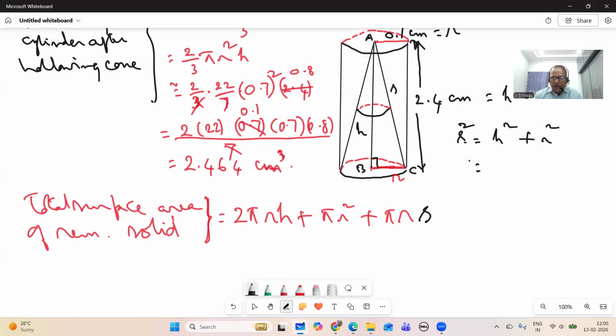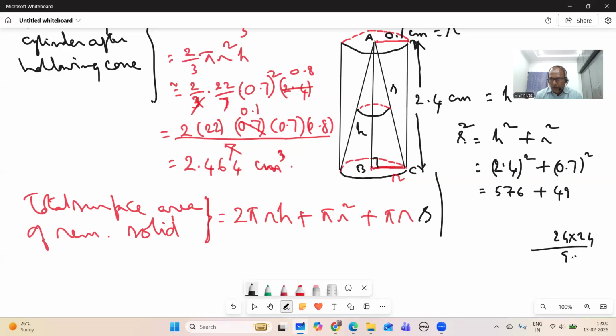And h is how much? h is 2.4 whole square plus r is 0.7 whole square. So this is how much? 24 into 24 is 576, yes. 7 squared is 49. And 2.4 squared is 5.76, plus 0.7 squared is 0.49.